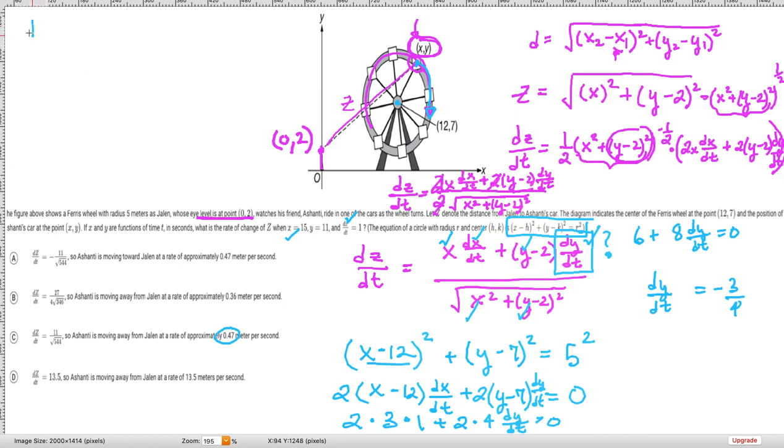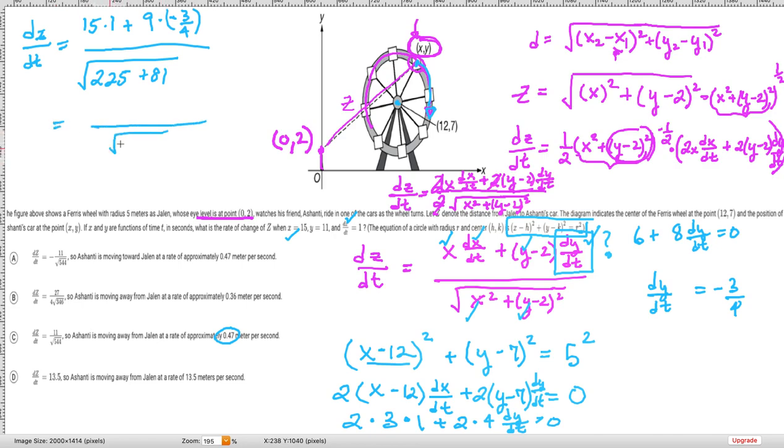So now you would just plug in, right? dz/dt is going to be equal to, okay, x is 15, dx/dt is 1, plus y is 11 minus 2 is 9, times this dy/dt that we just solved for, negative 3/4, over the square root of 15 squared, which is 225, plus 9 squared, which is 81. And you'd get the square root of 306.